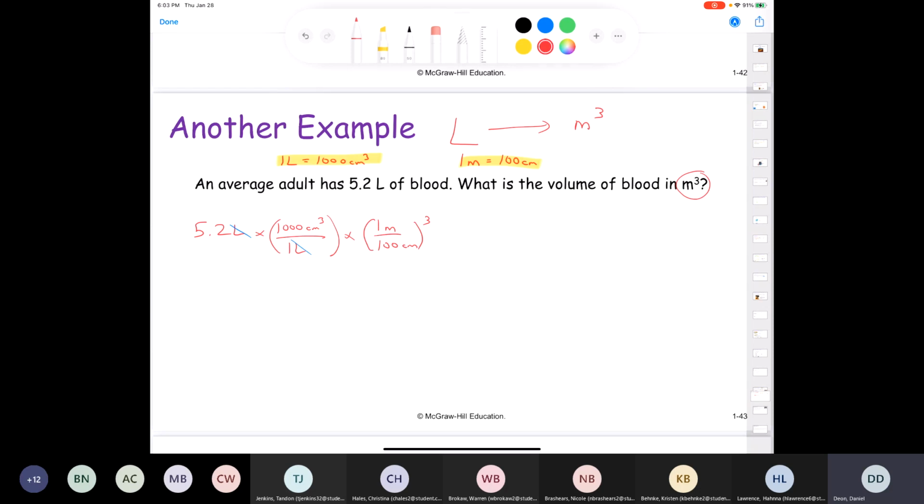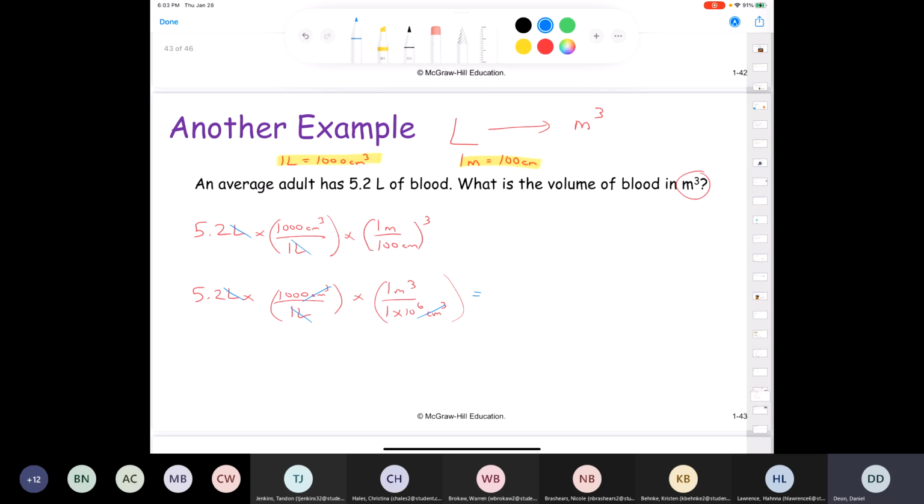And we could write that out. If you're not following me, 5.2 liters times 1,000 centimeters cubed over 1 liter multiplied by 1 meter cubed divided by 1 times 10 to the power of 6 centimeters cubed, like that. Now you can see that the units of liters cancel, centimeters cubed cancel, and I'm left over with meters cubed.